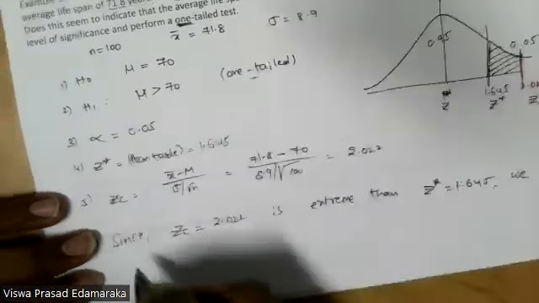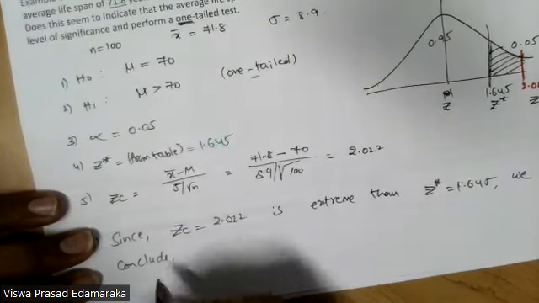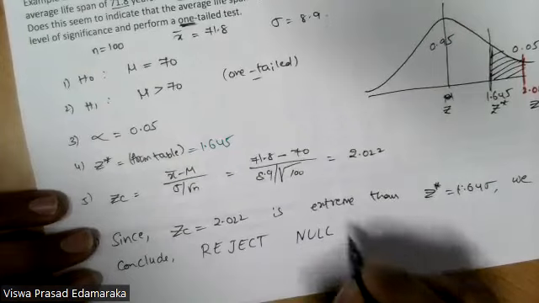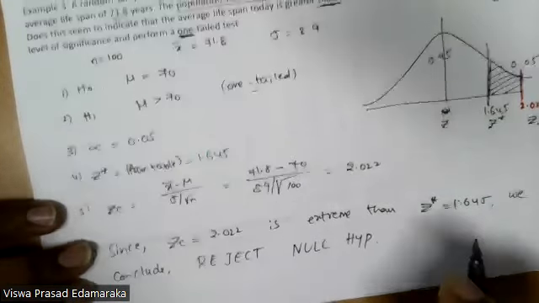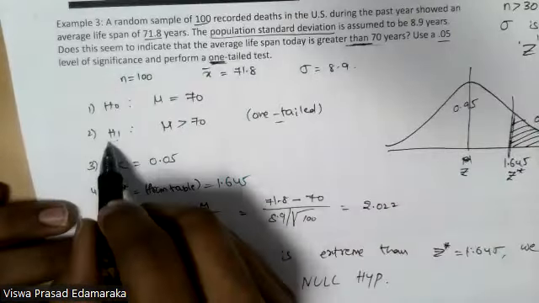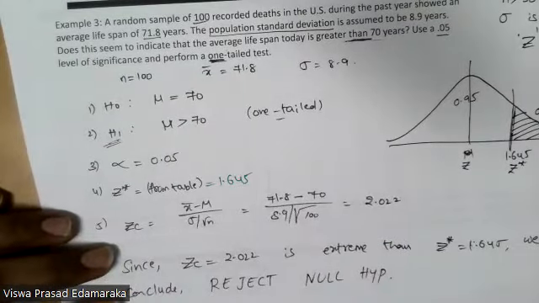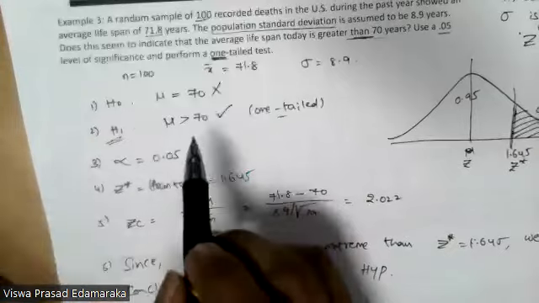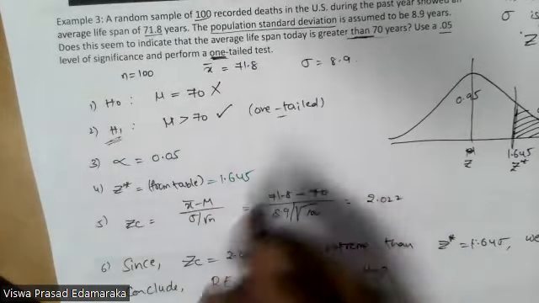So we conclude we reject the null hypothesis. That means we are accepting the alternate hypothesis. We are rejecting this one, we are accepting that. That means the mean is greater than 70. Simple. This is the first problem.